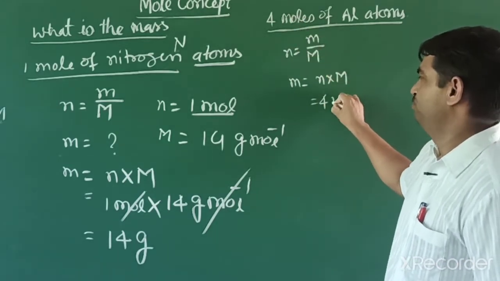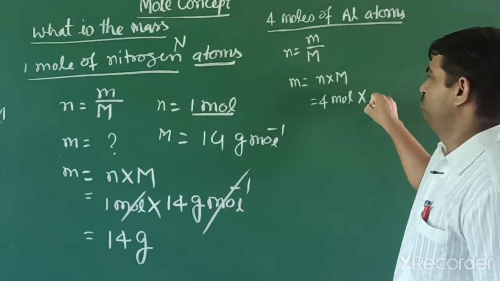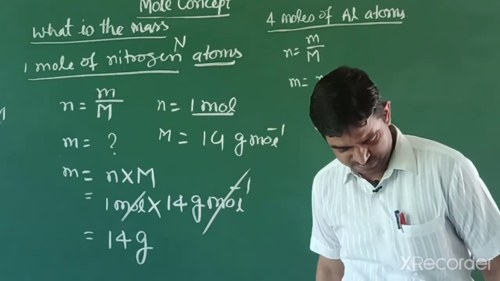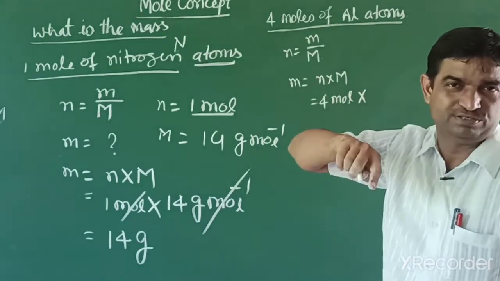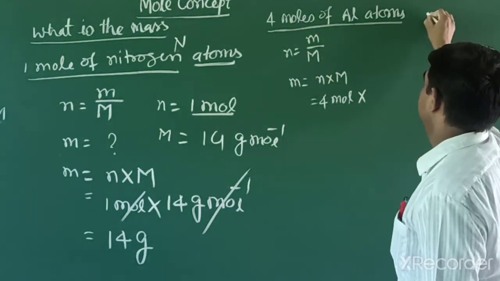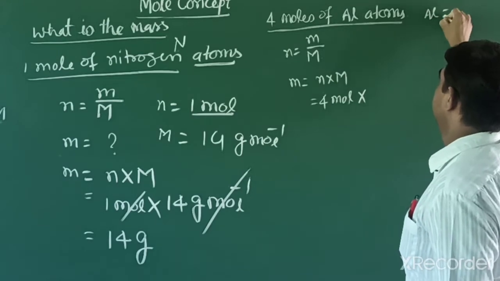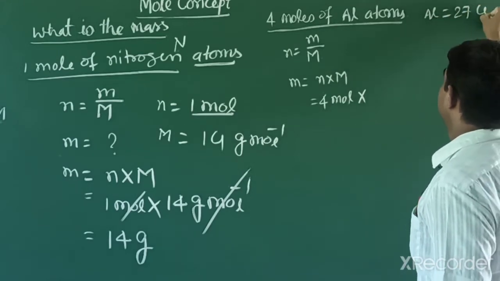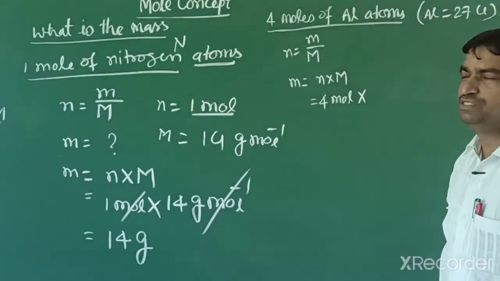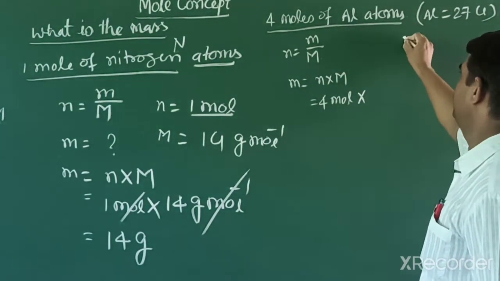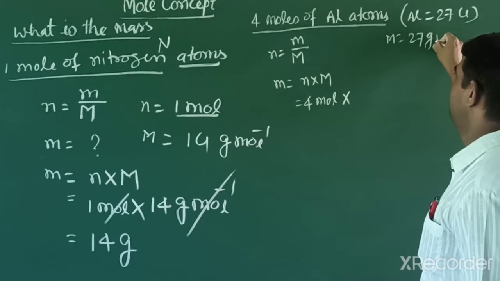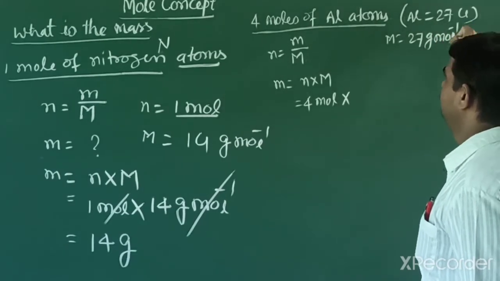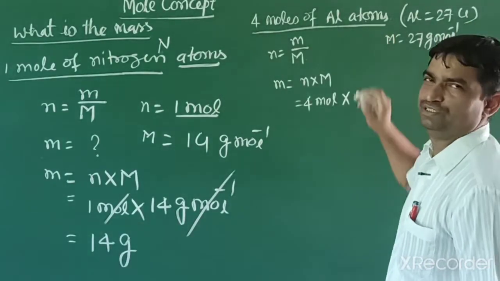n is 4 mole, and how can we find capital M? Aluminium value is given in the question. 1 aluminium is 27 u. It means aluminium molar mass is 27 gram mole inverse, because atoms is written.